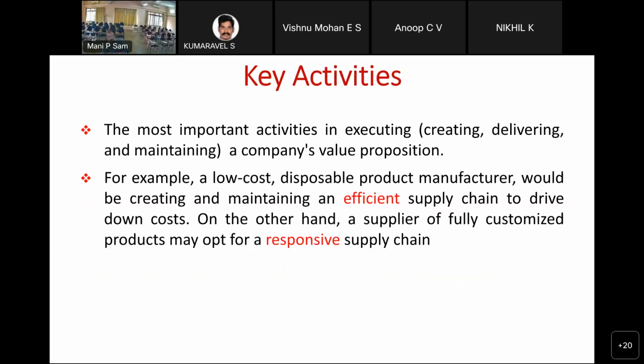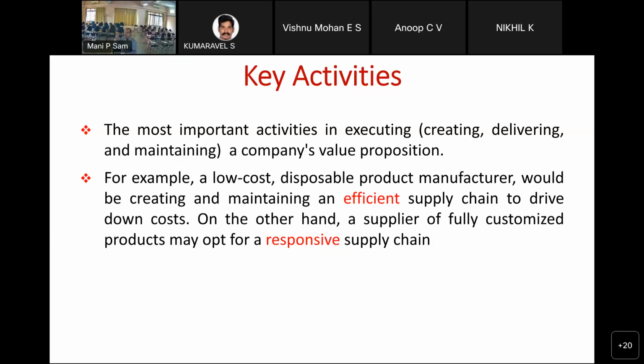Now let us continue. Having identified the customer segment, their requirements, and the value proposition required by them, you are now going to look at how that value proposition is going to be created.